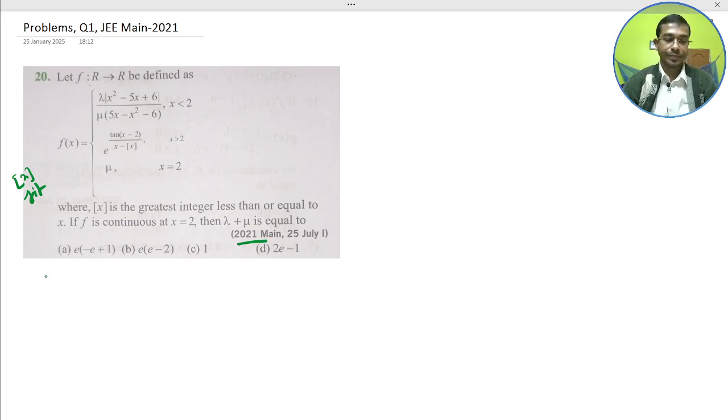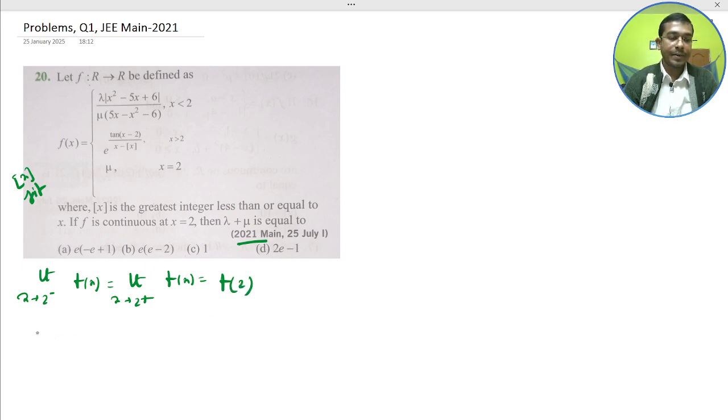Since f(x) is continuous at x equal to 2, by the definition the limit as x tends to 2 minus of f(x) is equal to the limit as x tends to 2 plus of f(x), which is equal to f at x equal to 2.